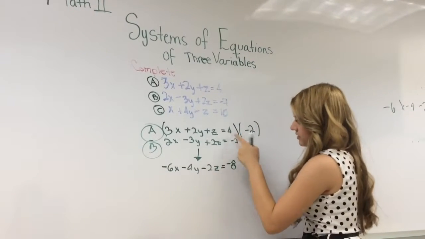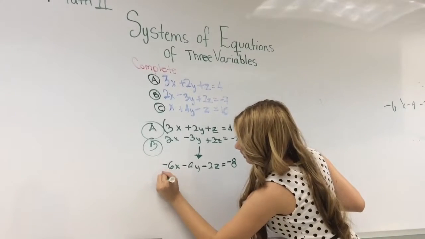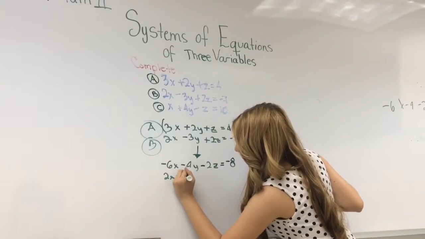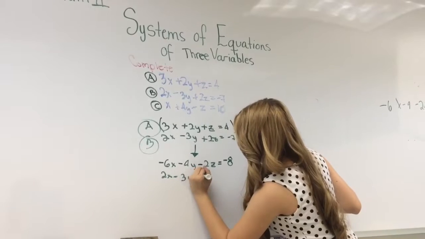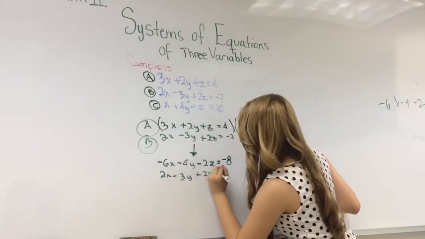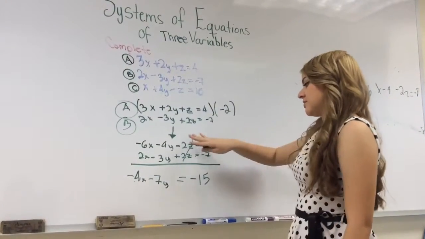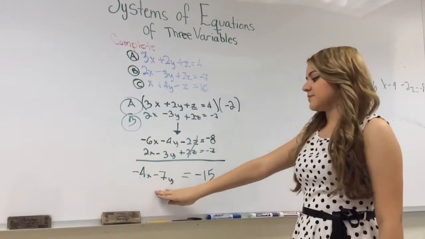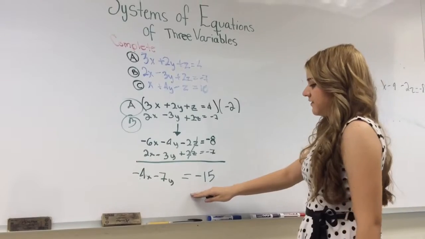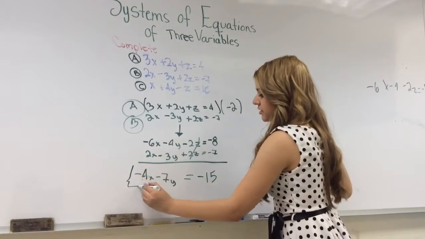And then I'll put the other equation below. Now that we canceled c, we have left minus 4x minus 7y equals minus 15. This is important to have in mind.